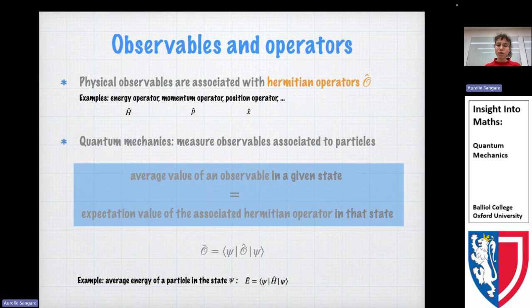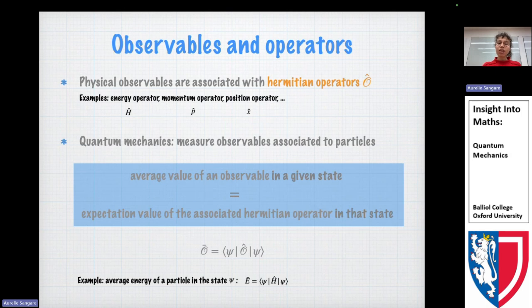So the way you compute this, you can see this as a multiplication of vectors and matrices. So ket psi is a vector, a column vector, and when you see psi on the left-hand side, that is what we call a bra. So it's bra psi. And then your Hermitian operator O hat can be represented by a matrix.